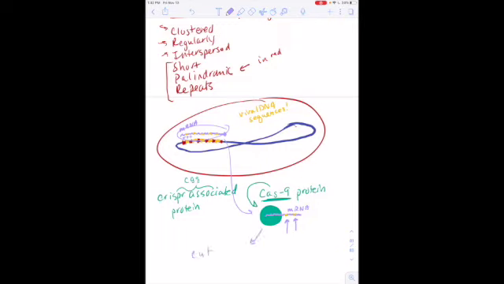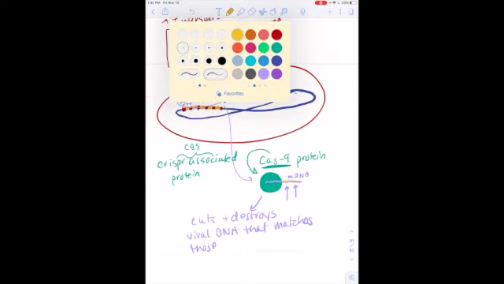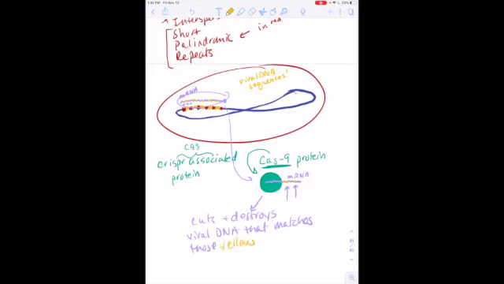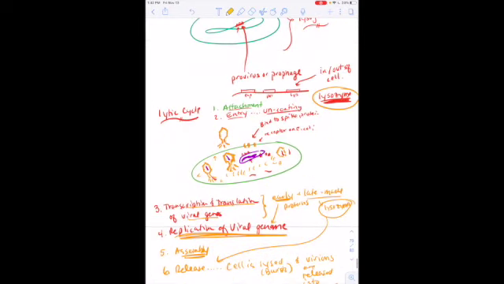So it cuts and destroys viral DNA that matches those yellow sequences. Isn't that wild? And so this Cas9 plus the messenger RNA will chop up an invading DNA from a virus back here. Cas9 will chop that up.